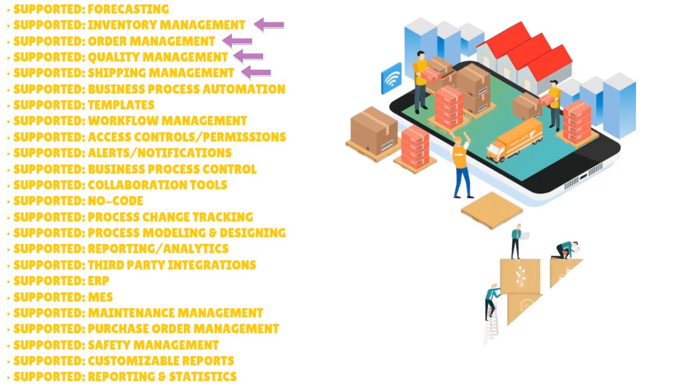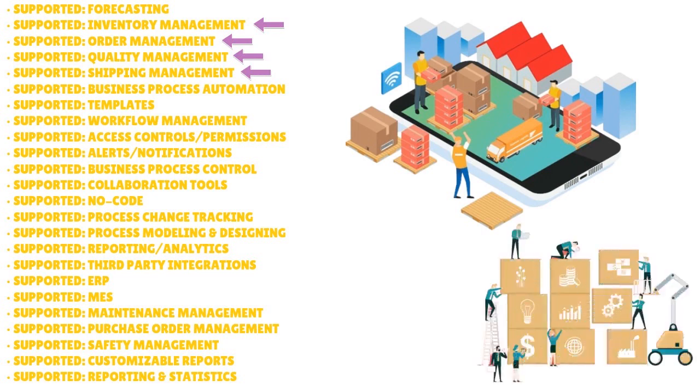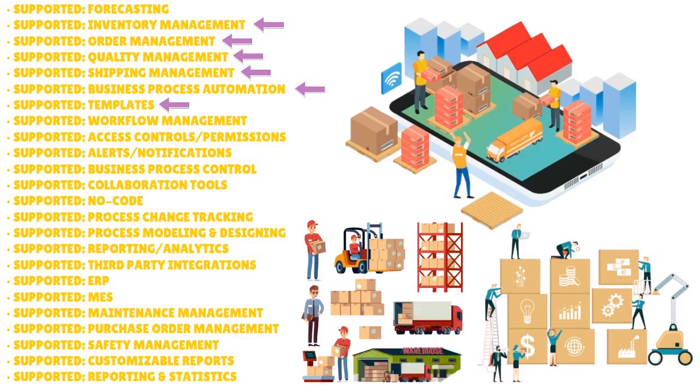You are able, again, to manage all kinds of activities in real time. You have business process automation. You have templates, and those templates can be synced into your warehouse management process, or even your yard management processes. And you also have workflow management. You have access controls and permissions. You have alerts and notifications.